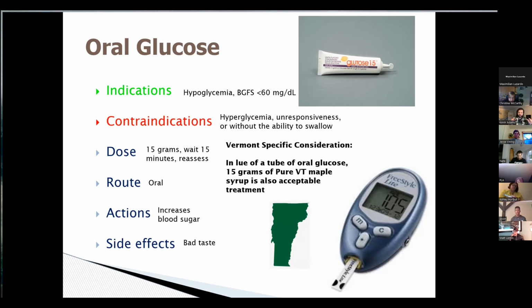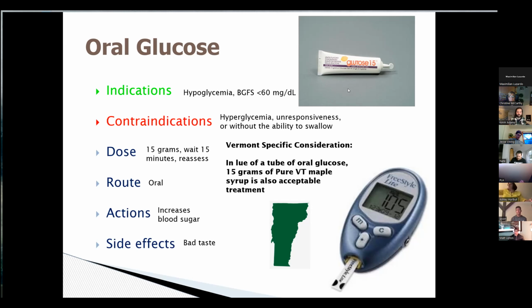That being said, if I see you in the ambulance wanting to give a hypoglycemic person Aunt Jemima, get out of here. It's Vermont pure maple syrup. Okay, no other state, no other country, Vermont, in Vermont. Support local. So yeah, there are plenty of similar things like this from Vermont maple syrup that you can give to somebody.